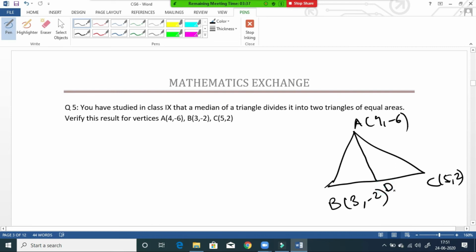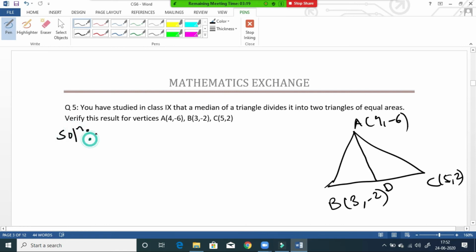So AD is median. So we know that a median divides the triangle into two equal areas, and obviously this median having the point D divides side BC into equal parts.